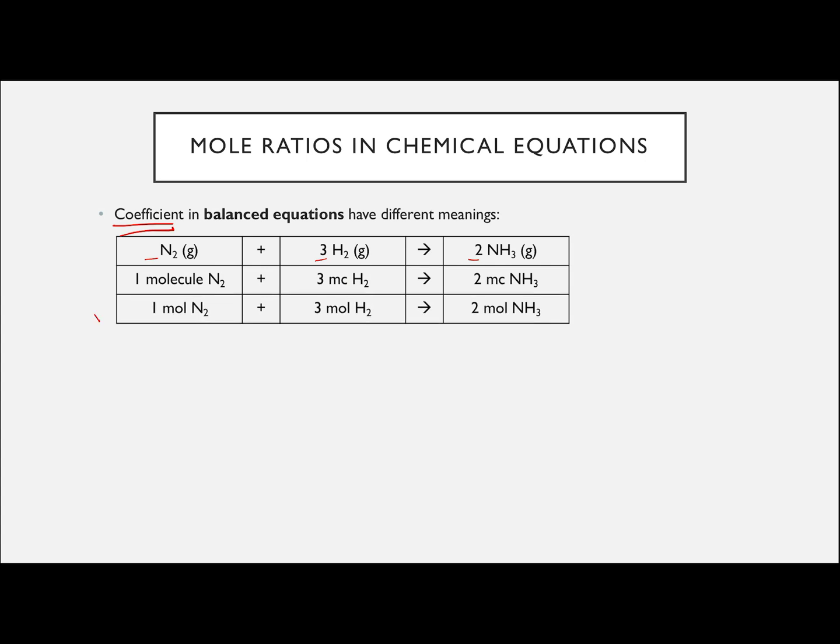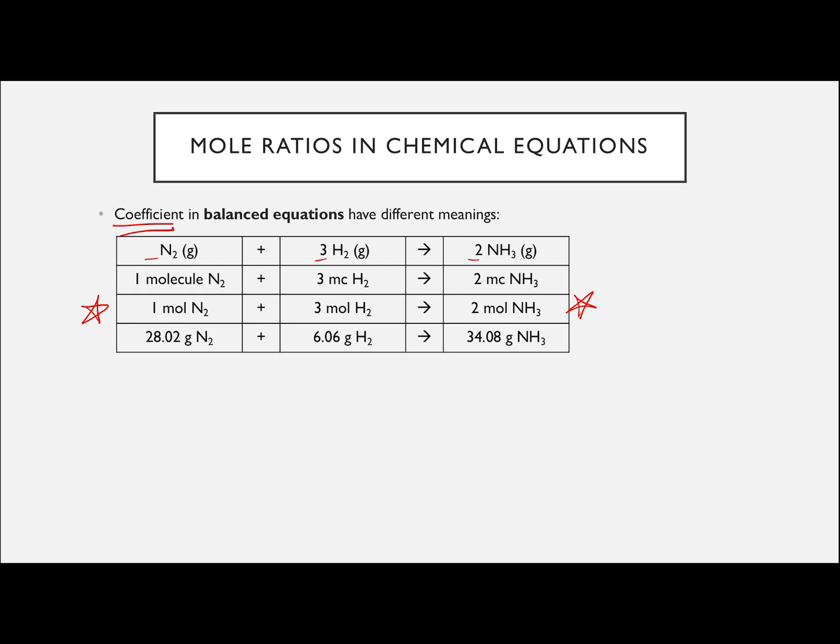We can also say, which is one of the most important ones that we're going to work with today, we have 1 mole of nitrogen and 3 moles of hydrogen to 2 moles of ammonia. We can take it a step further and use a periodic table and molar masses to say that we have 28.02 grams of nitrogen reacting with 6.06 grams of hydrogen to give us 34.08 grams of ammonia.